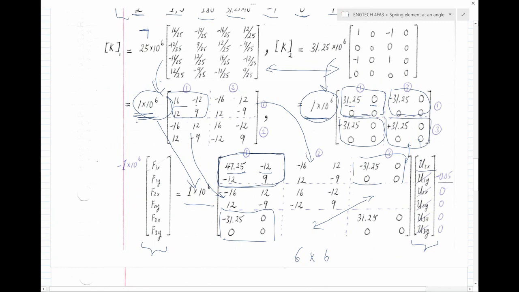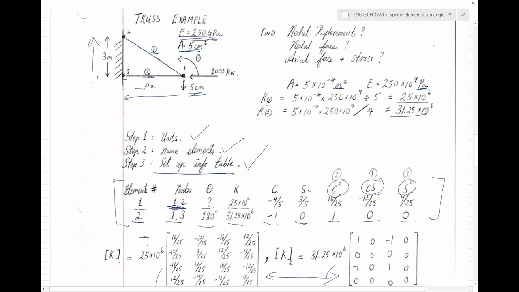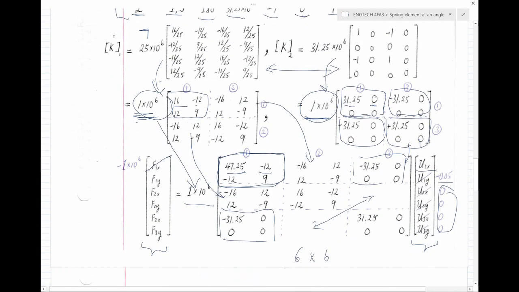Nodes 2 and 3 are stuck along the wall, so all their displacements are zero. On the force side, F1x is negative 1 times 10 to the 6. Remember, that is 1,000 kilonewtons to the left, so the sign is so important. It's negative 1 times 10 to the 6.